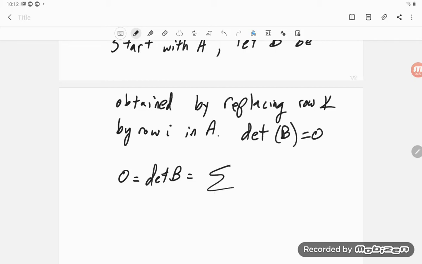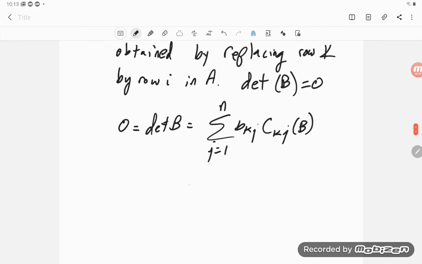And then, okay, so this is just the sum j equals 1 to n of b_kj and C_kj of B. Now, remember that row k in B was identical to row i in A. And so I can do a_ij for that value of k, but now I'll keep this the same, C_kj.